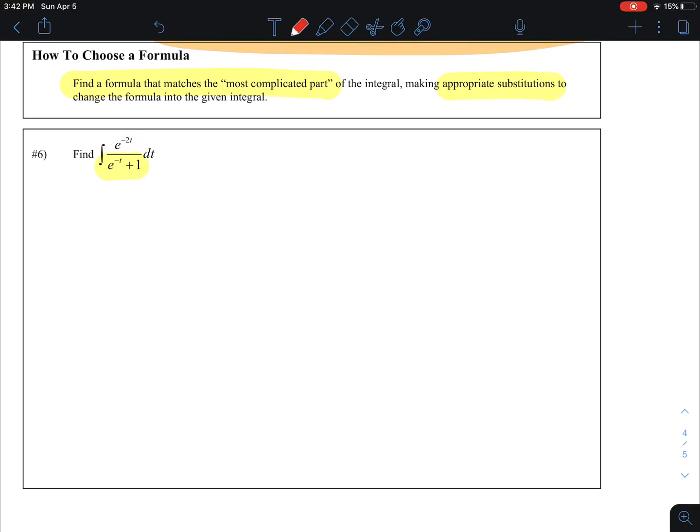Now you'll notice though, in the denominator, see how the exponent on that e is not even? It's not a 2, a 4, or a 6. So when we're trying to pick a formula that's going to match, we are not looking for a p squared in this location. We are just looking for a p plus a constant, okay? This is going to represent a p right here.